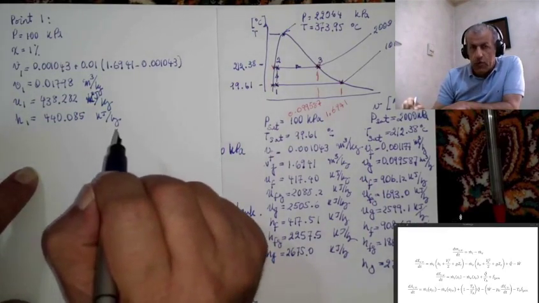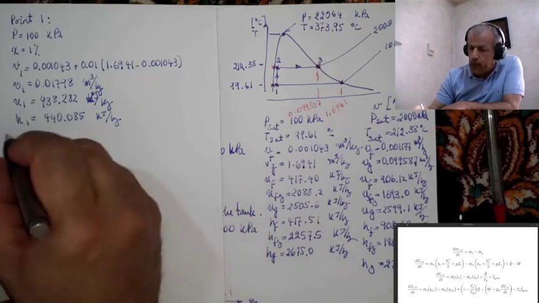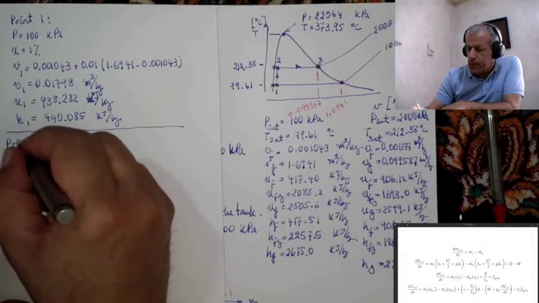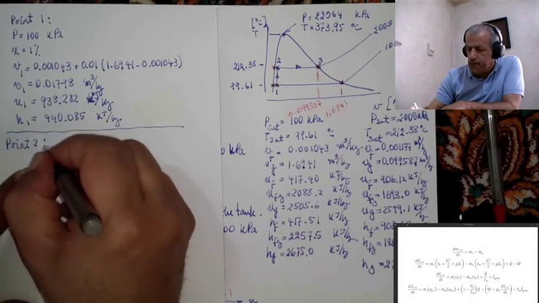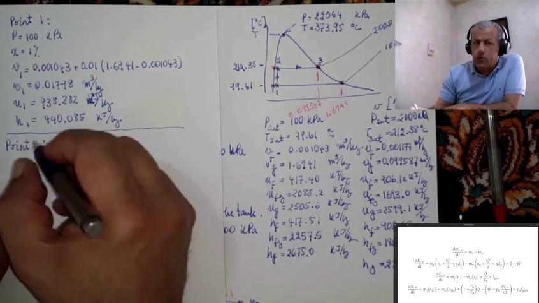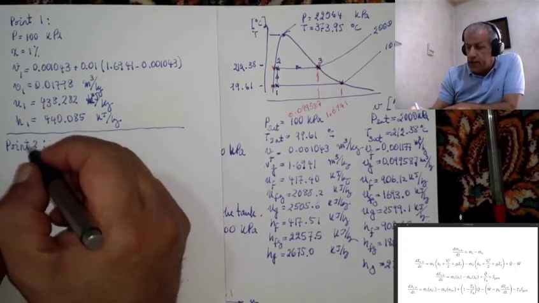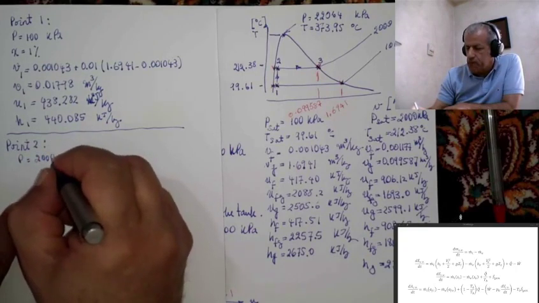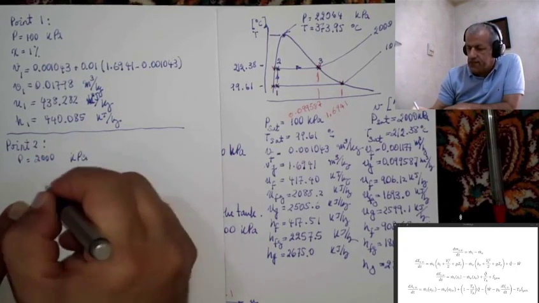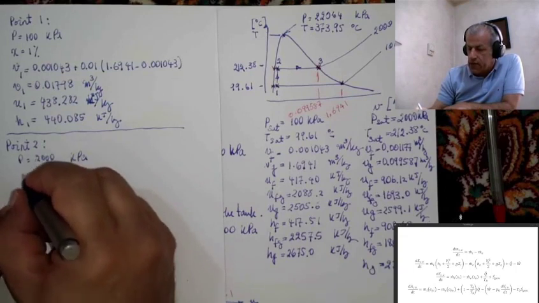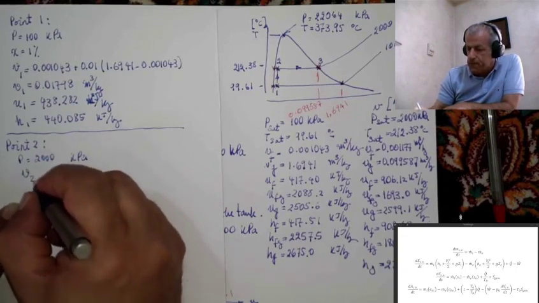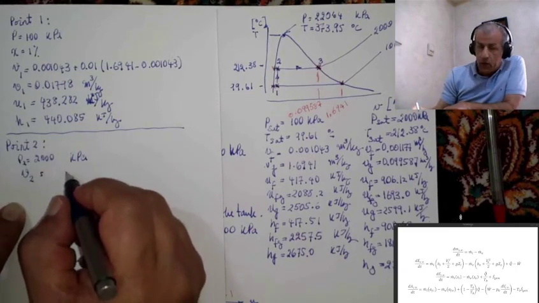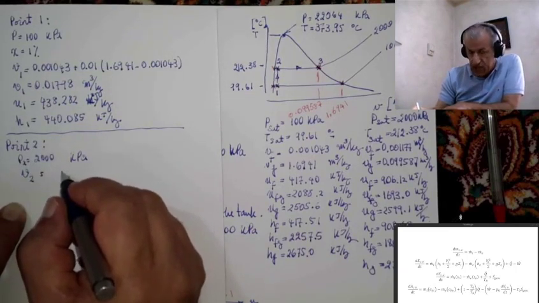What happens at point 2? At point 2, we know that the pressure P is 2000 kilopascals. Also, we know that v is the same as above because neither volume nor mass has changed.